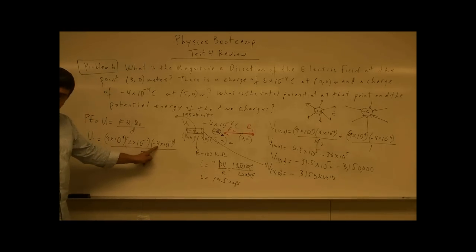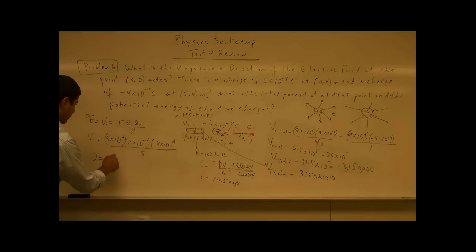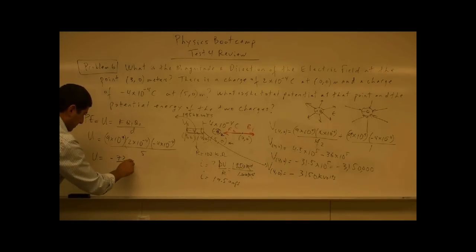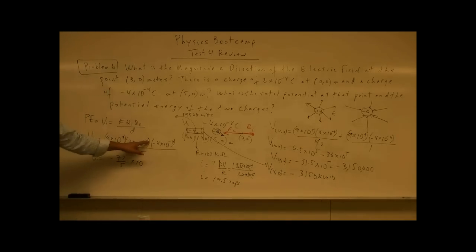Again, you're going to have to put the sign of the charge, which is negative. The other charge is positive. So you get here 18 times 4, which is 72. Negative 72 over 5 times 10 to the 5 times 10 to the minus 4 is just 10 to the 1, right?